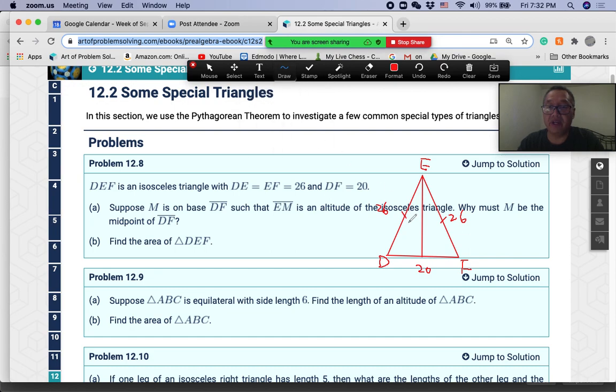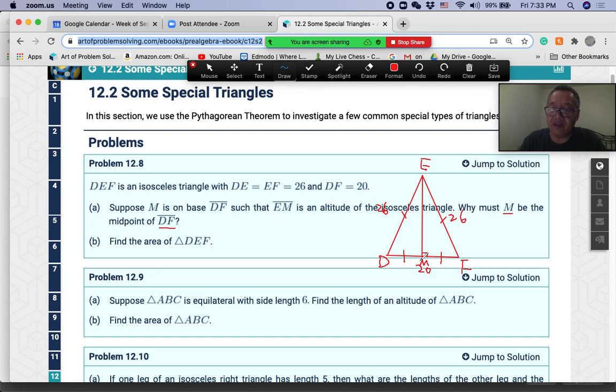Now we write here, this is perpendicular to DF and intersects DF at M. First, they ask you why M should be the midpoint of DF. So they ask you to prove this one equals this, right? If M is the midpoint of DF, that means DM equals MF.